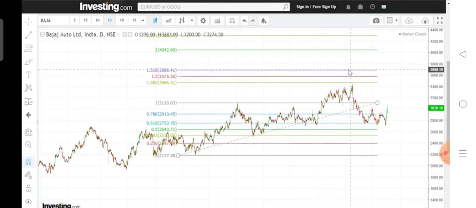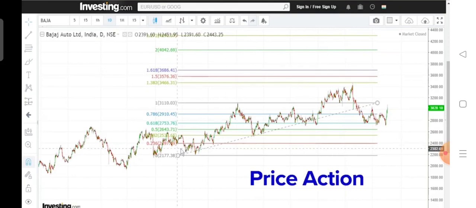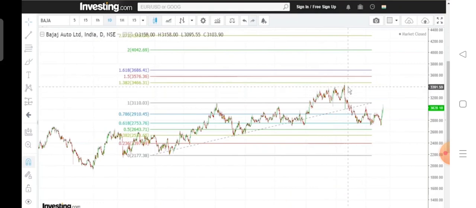So one has to look at the price action around the line. So suppose the price has moved here and someone could see that the market is getting resisted around this point. He could have actually thought of booking his profit. See, as we can see that the 100% projection is also a very significant point.